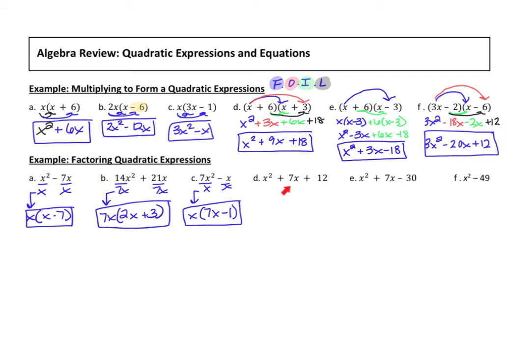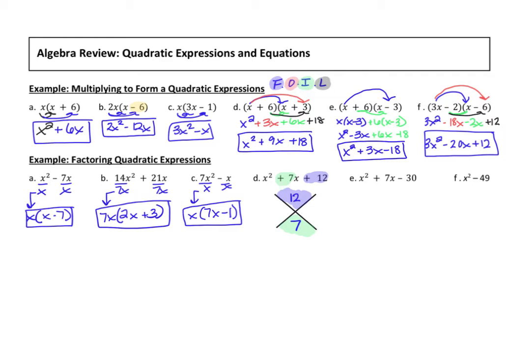Notice that these next two problems now have 3 terms. So when I'm factoring quadratics that have 3 terms, I typically use what's called a diamond problem, or it's also called a magic x. So the first thing I do is create an x, and this last number will go in the top part, and the middle number will go in the bottom.